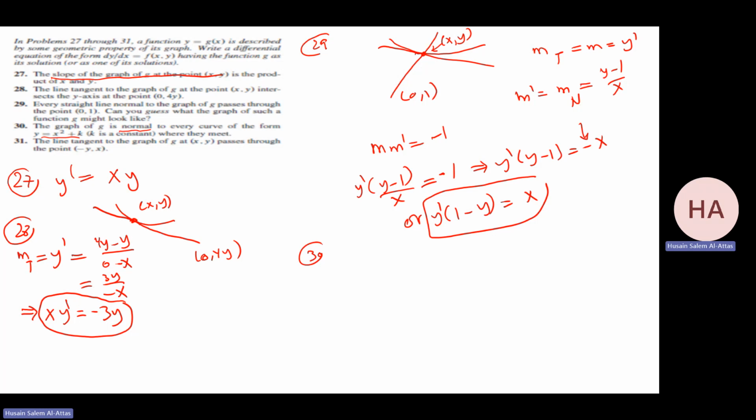If you have a G, you have a tangent line, you have a normal line, which is the graph is normal to every curve of the form this. So I have y equal x squared plus k. This is the function.